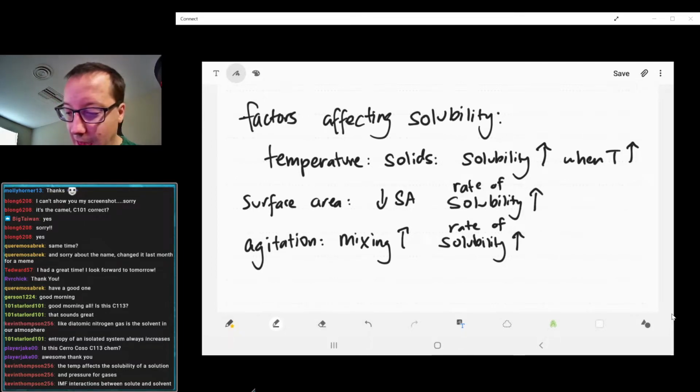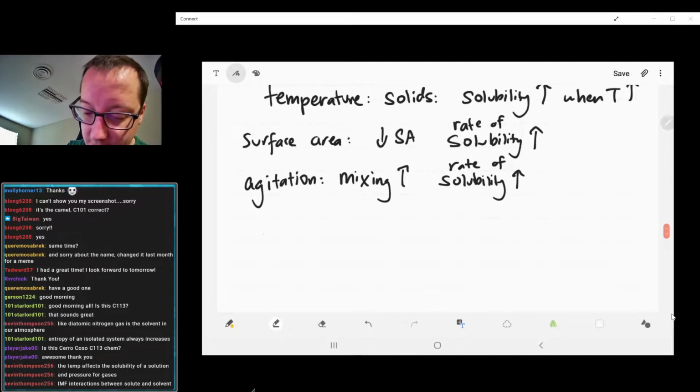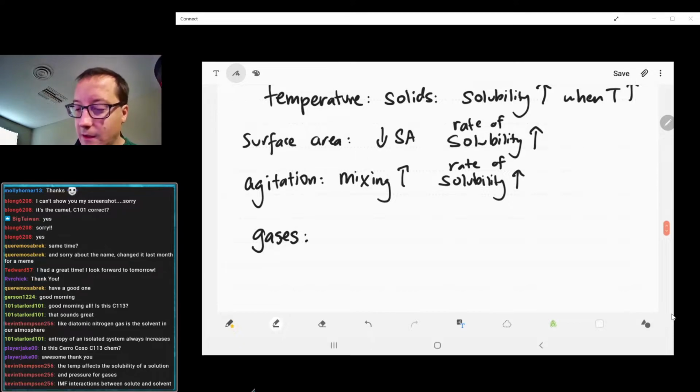Okay, anyways, with gases, though, as Kevin has already pointed out, something to mention first, again, something you already know: if you have a cold soda versus a hot soda and you open them up, you know that your hot one is probably going to explode on you. It's going to fizz everywhere, going crazy, versus the cold one, which is going to probably be a little bit more tame.